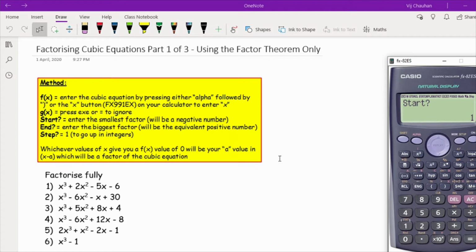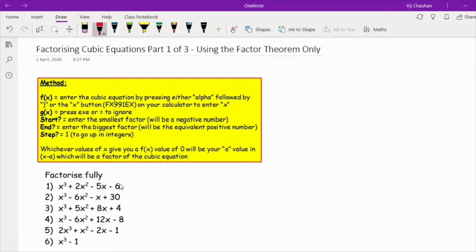Now for the start value, what I'm looking for is factors of minus 6. So the factors of minus 6 are going to be plus or minus 1, plus or minus 2, plus or minus 3, and plus or minus 6.